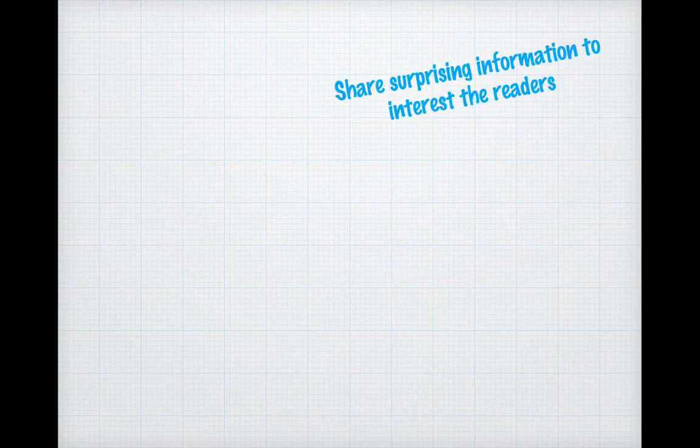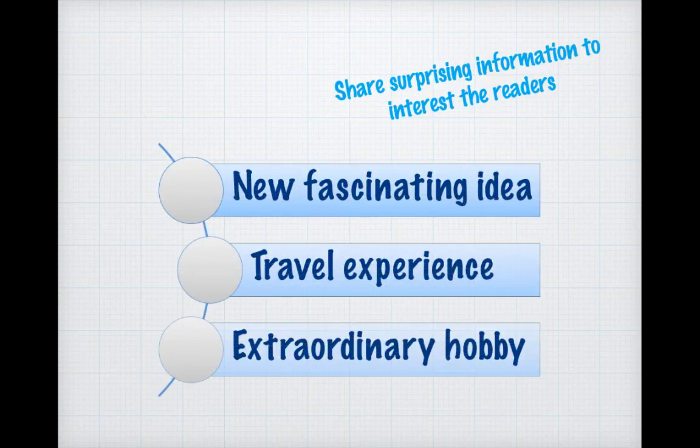So as you know, a blog is posted on the internet, so you also have a wide audience of readers. And it is important that you share surprising information because you want to interest your followers or your readers. So a blog can be about a new fascinating idea, it can be about a travel experience, or even an extraordinary hobby, a special hobby, an unusual hobby, something that may surprise other people.